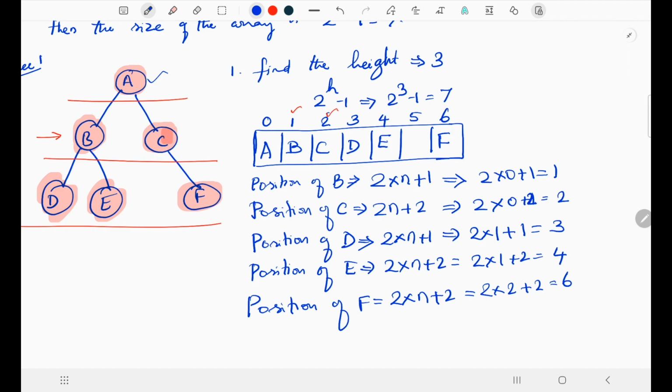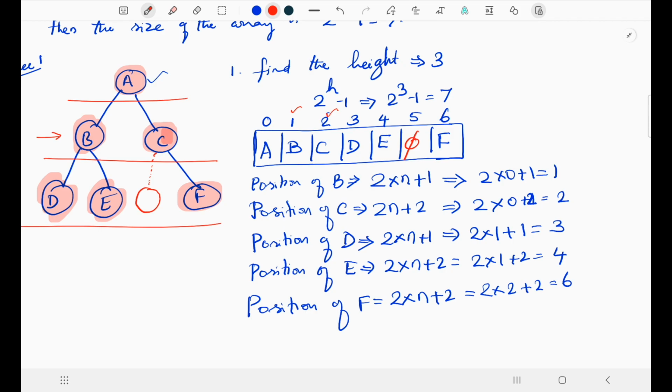Who will be in 5? 5 will be null, because if you look into the tree, C does not have the left child. C has only the right child, so left child is not available for C. So in array representation also left child will not be present, but we will reserve the seat for left child of C. So the seat has been reserved, and the value of the reserved index, that is 5, is null.